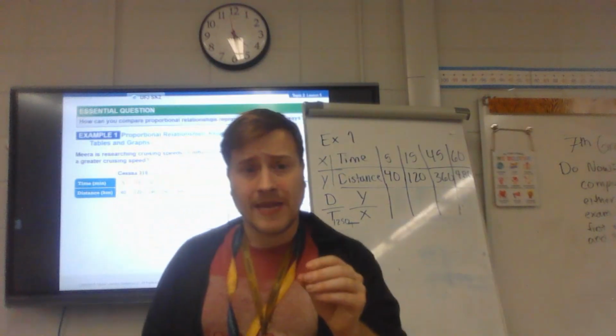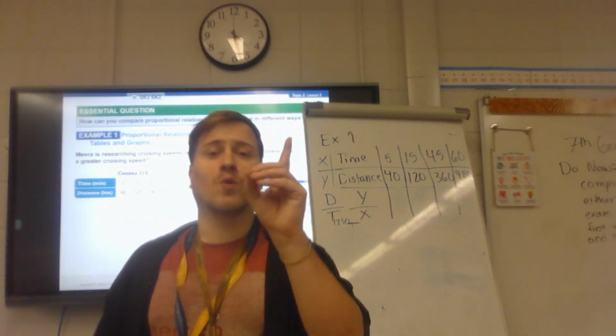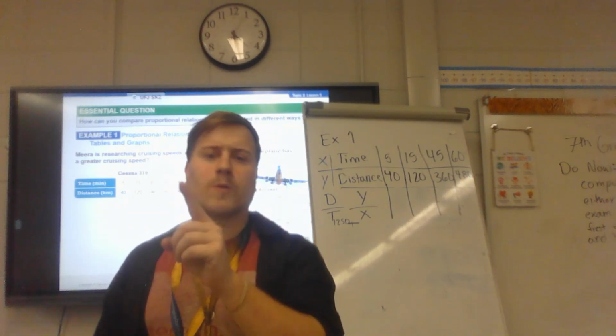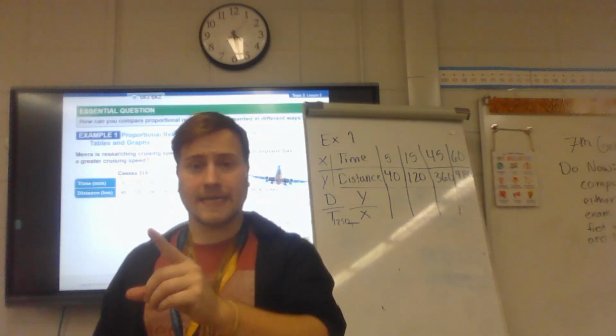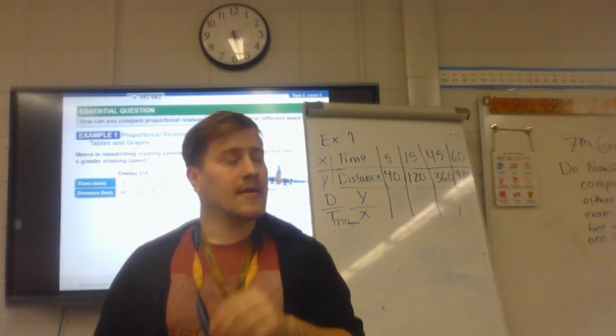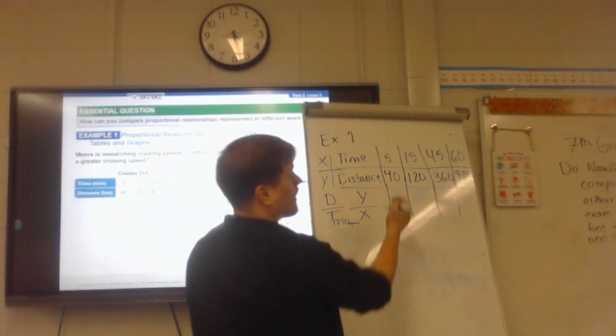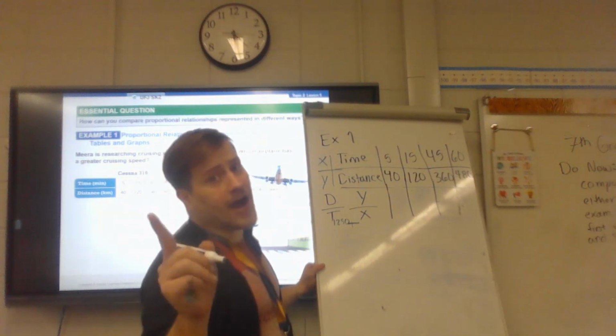Why that's important is because x is the 1 unit. It's the 1 hour, the 1 second, the 1 minute in this context. So here we know we go 40 kilometers every 5 minutes.